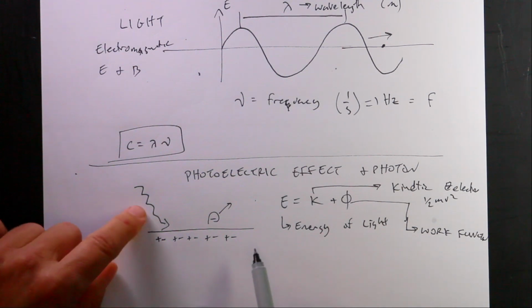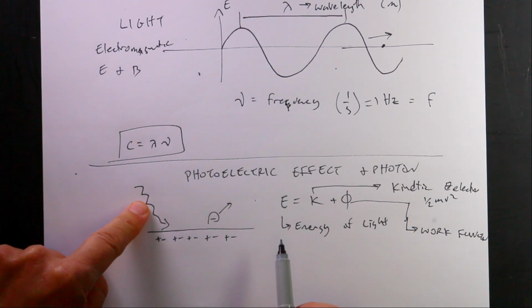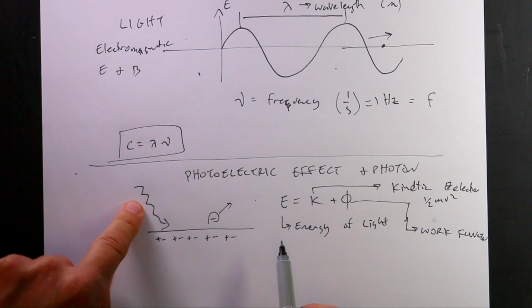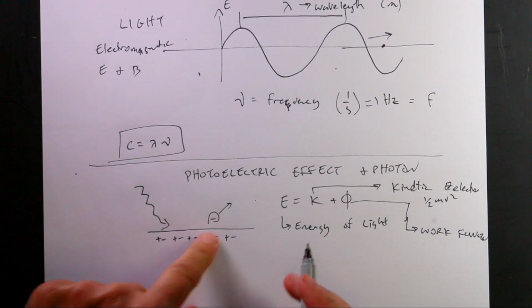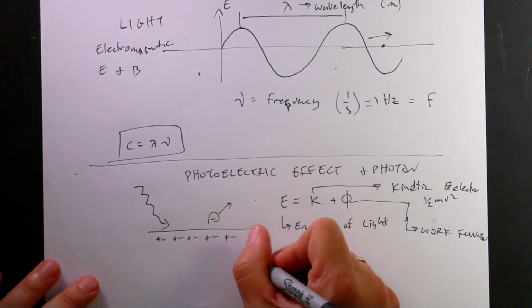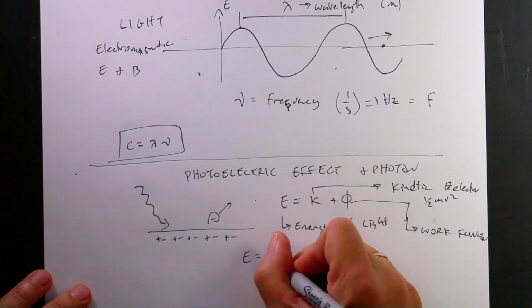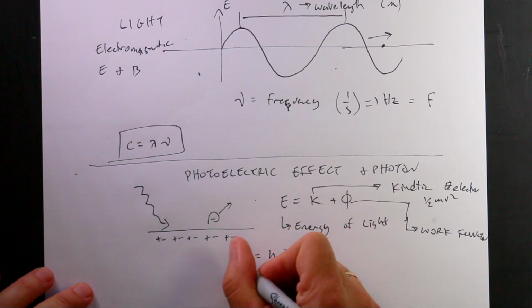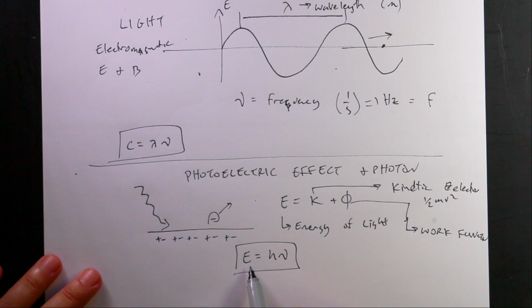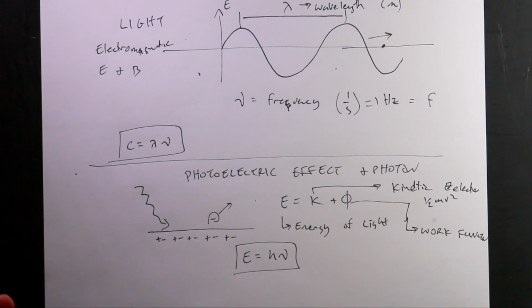And it turns out that by increasing the frequency of light, we can get more energy of these electrons. So from this, you get the energy of a photon is h nu. That's the energy of one single photon. And it says, okay, it's as though light is a particle. It's not actually, but it's as though that is. And the higher the frequency, the greater the energy of that.